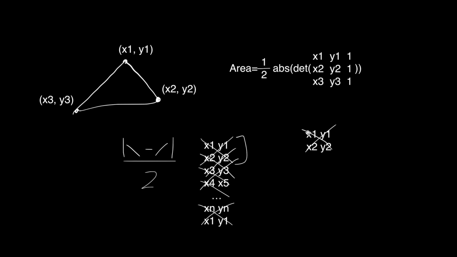And yeah, so if you do x1 times y2 minus x2 times y1, that's literally the determinant of this matrix. And you can say that about these two as well, and you can keep on doing that.